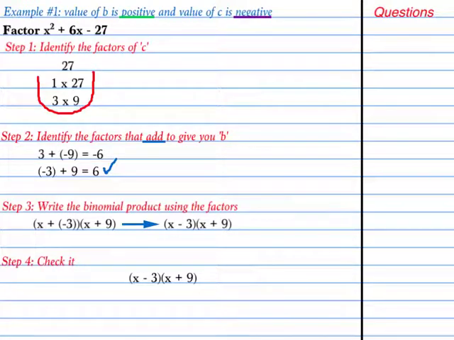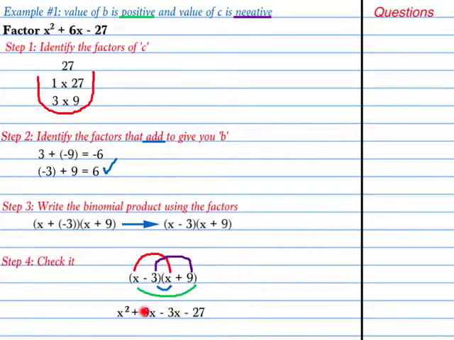And then I definitely want to check my binomials to see if they'll give me my original x squared plus 6x minus 27. So x times x gives me x squared. X times 9 gives me 9x. Negative 3 times x gives me negative 3x. And then finally, negative 3 times 9 gives me negative 27.